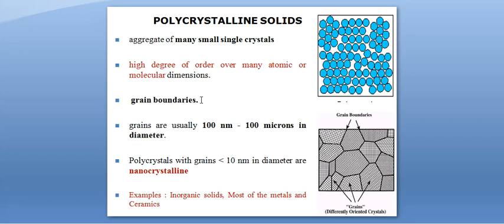Polycrystalline materials with grains less than 10 nanometers in diameter are called nanocrystalline. The examples are inorganic solids, most metals and ceramics. So these are the polycrystalline solids.